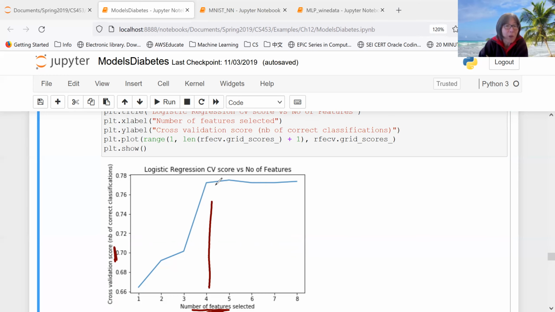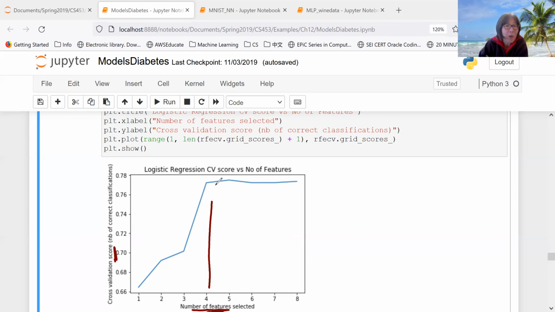But if you pick 1 versus 4, there is a huge difference. So basically from here, we can see 4 features will serve enough in this case.